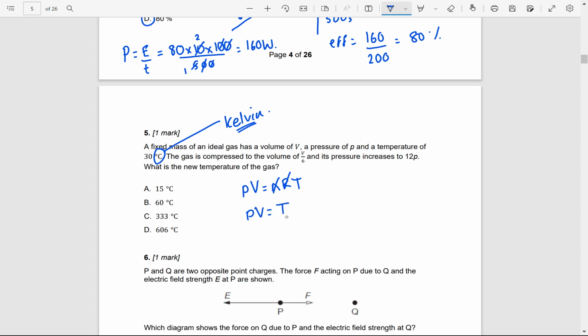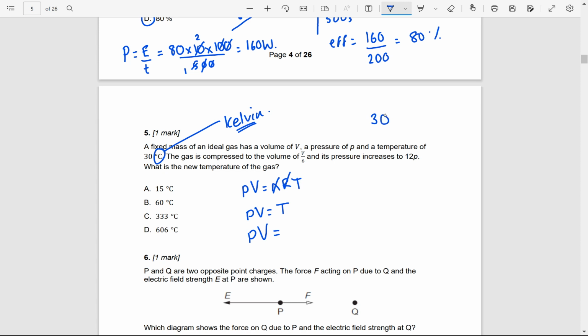So we have PV equals T. Now I know that's not correct, but honestly, it will make everything a lot easier to figure out. So we're just changing the variables. Okay, so initially we have an ideal gas with pressure P, volume V, and a temperature of 30 degrees Celsius. So PV equals 30, but we need to convert to Kelvin.